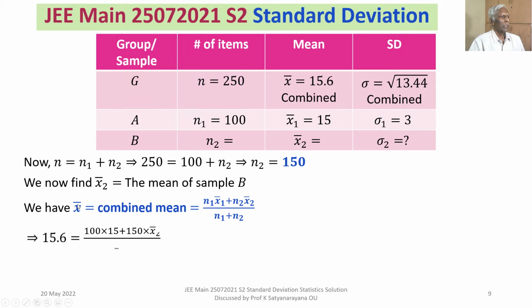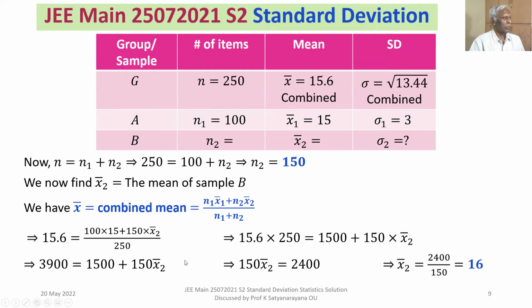So substitute: x bar 15.6 is equal to n1, 100, into x1 bar, 15, plus n2, 150, into x2 bar, which is unknown, by n1 plus n2, which is 250. We cross multiply, we will get 15.6 into 250 is equal to 1500 plus 150 into x2 bar.